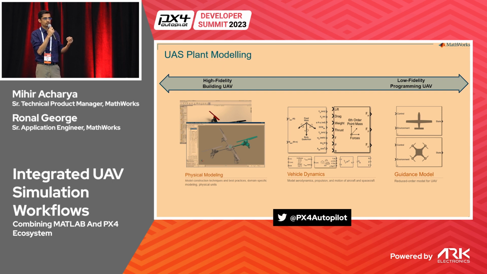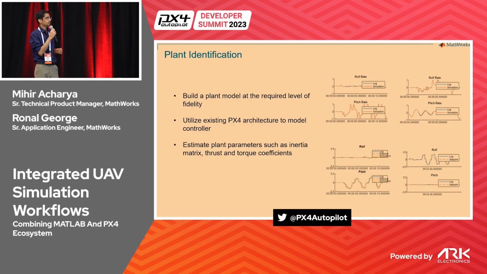A lot of times you might not need to go to the highest level of fidelity just to make your iterations or rapid prototyping fast, and you can use maybe something like a baseline guidance model to prototype your autonomy algorithms. And we need to have our plant model be an accurate representation of your drone. And for that, there is a process that Ronal will walk you through now.